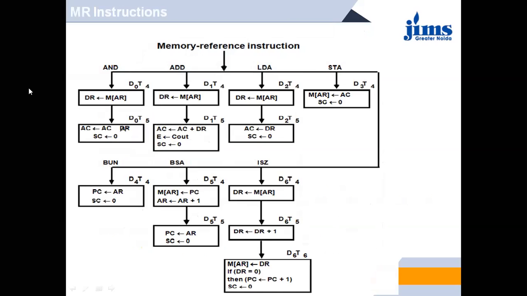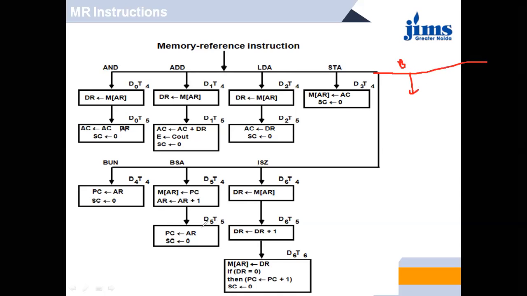Now, if we try to understand these memory reference instructions from here, try to understand it very carefully. This is in parallel with this, because there was no space, so I took them below. Otherwise it is also at the same level.